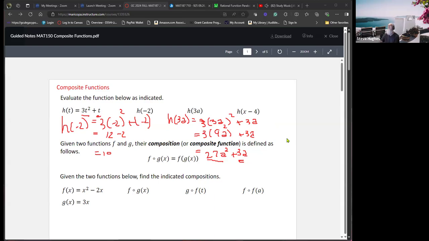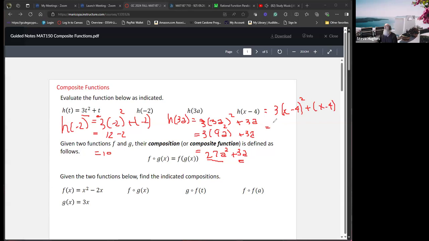All right, the next one is also considered a composite function because now I'm replacing t with more than just x, it's x minus 4. So this is equal to 3 times x minus 4 squared plus x minus 4.